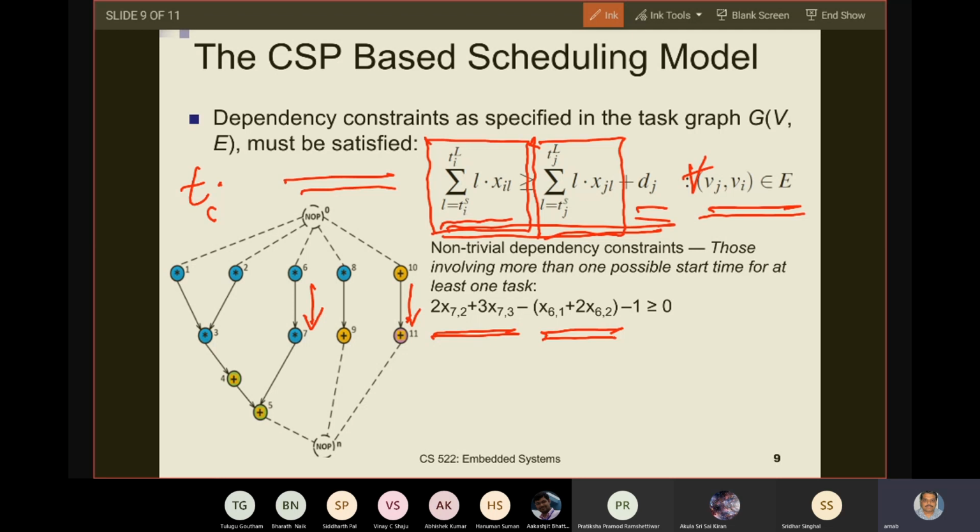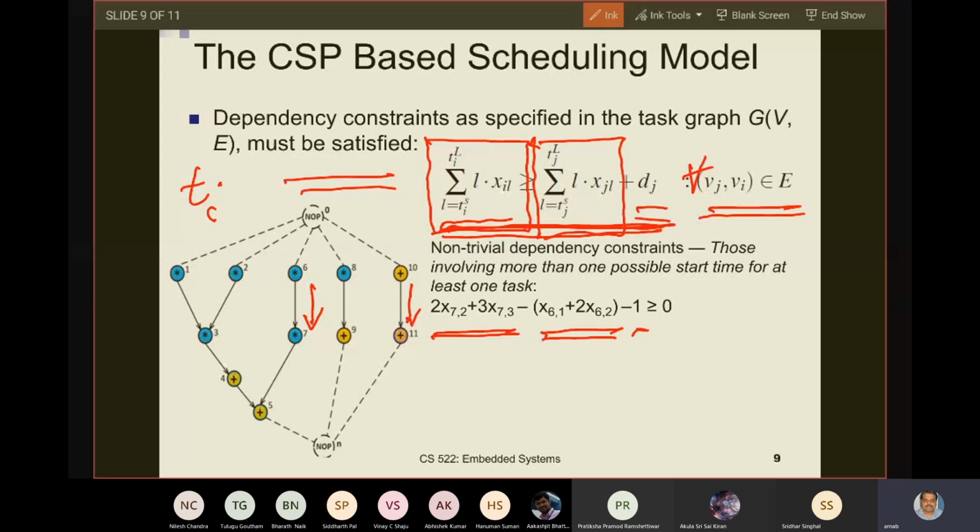So you have 1 into x61 plus 2 into x62. This constraint can be written as 2 into x72 plus 3 into x73 minus the bracket of 1 into x61 plus 2 into x62, minus 1. What is this 1? The execution time of task number 6. And that must be greater than or equal to 0, right?